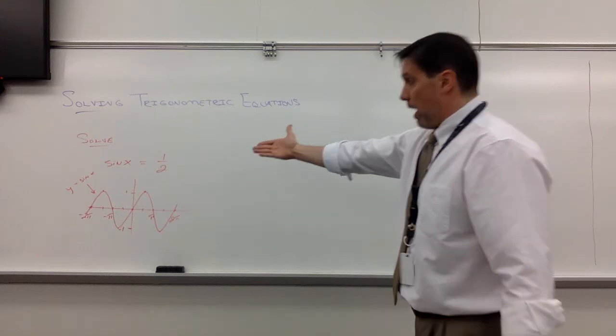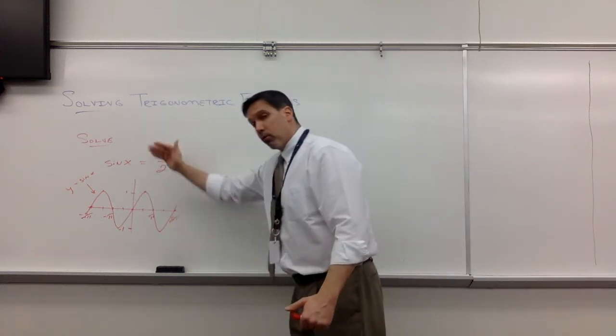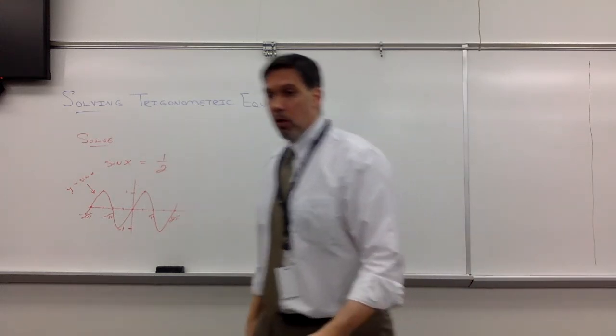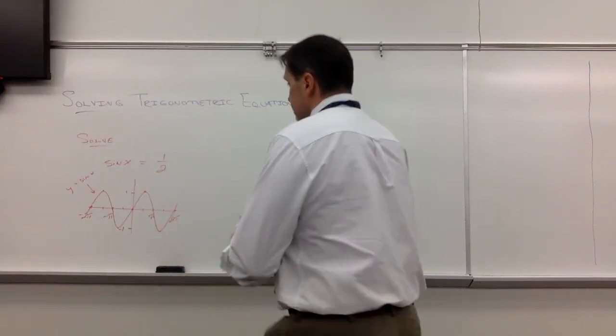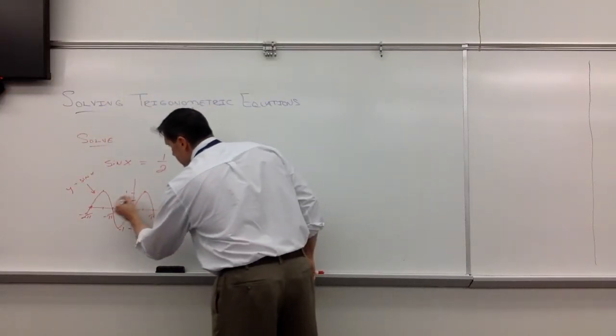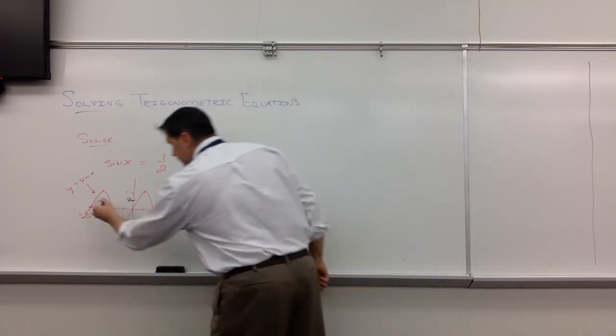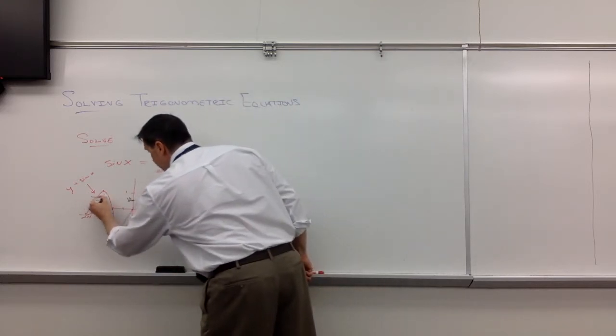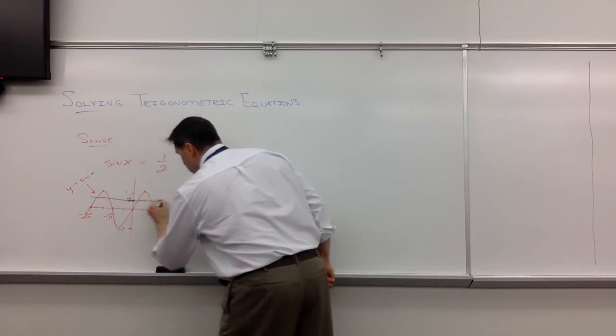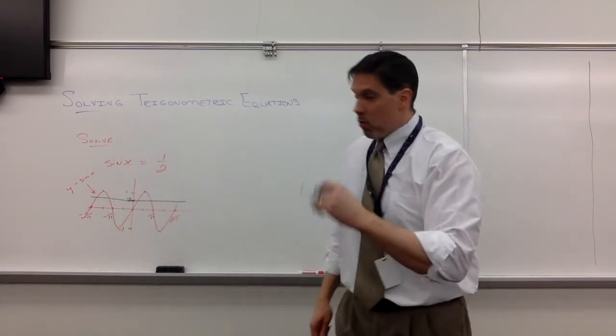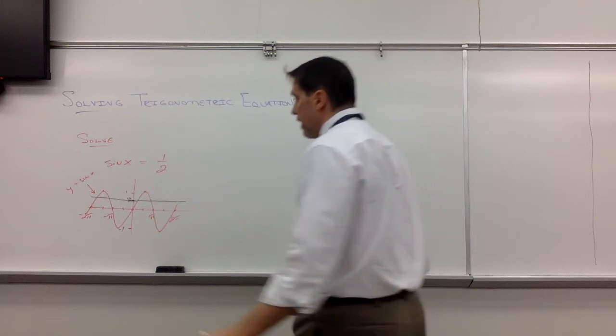Now, we want to graph the function y equals 1/2, which is nothing more than a horizontal line through 1/2. So if you graph a horizontal line that passes through 1/2 on the y-axis, you can see where it hits the graph of sine of x.